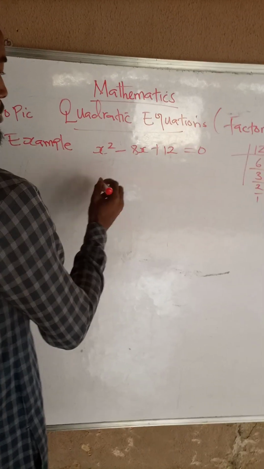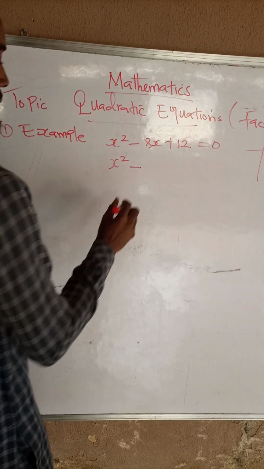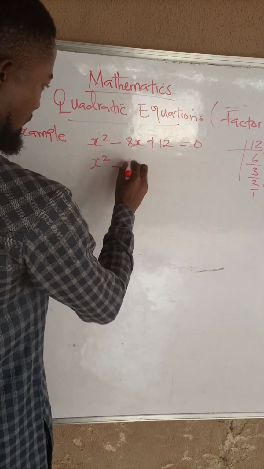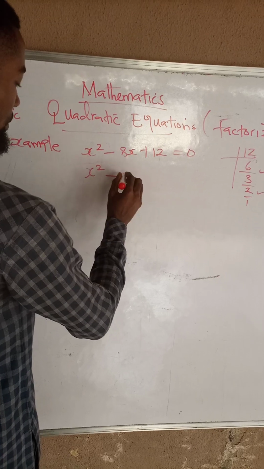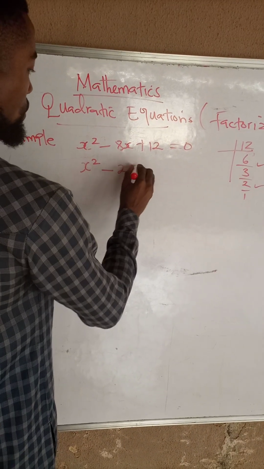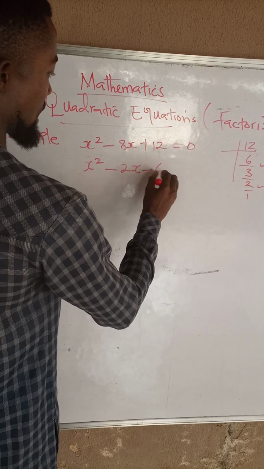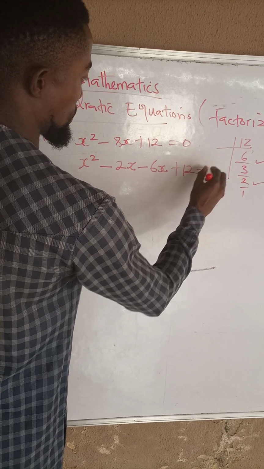So let's put it this way. We're going to rearrange the equation. Are you getting me? Let's use 2 first. x squared minus 2x minus 6x plus 12 equals 0.